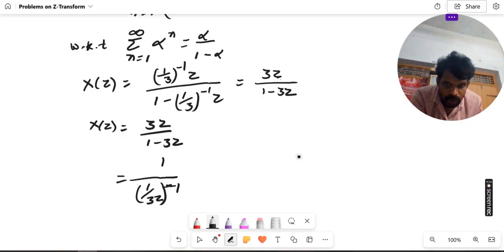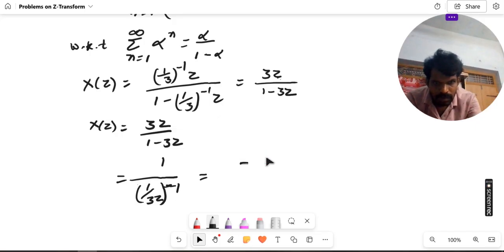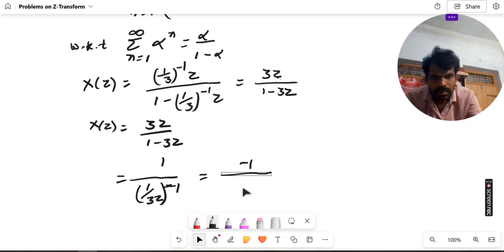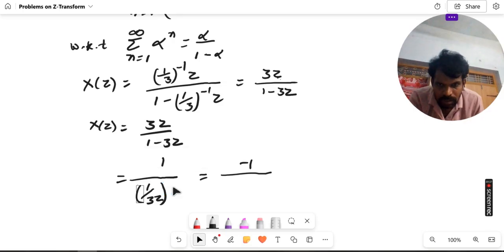How are we going to write it? It is also written as minus 1 by, this one is also written as 1 by 1 minus, actually this minus 1 is 1 by 3z minus 1.